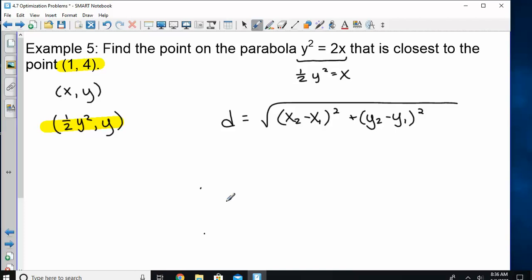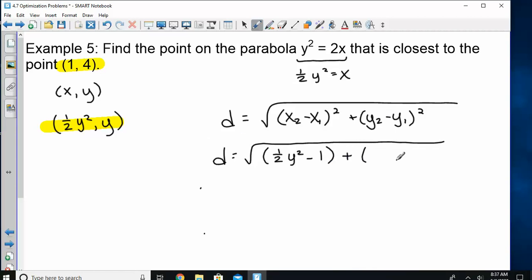It's just like yesterday, right? Okay, that's our formula. I'm going to use these 2 points and plug into there. So x2 minus x1 would be my 1/2 y squared minus 1, plus y2 minus y1 would be y minus 4.